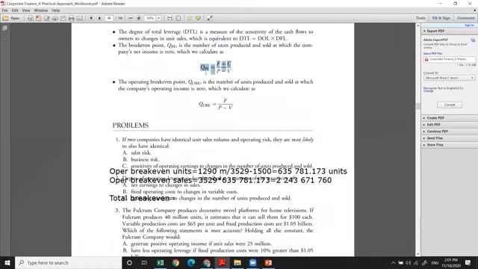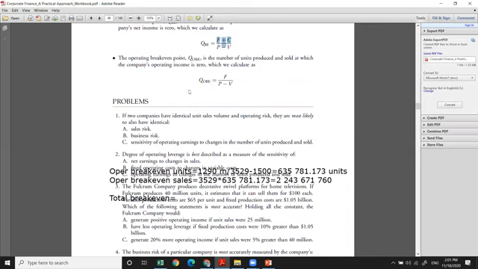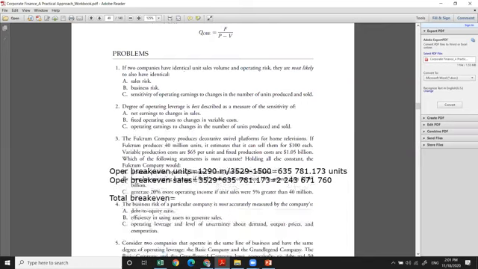We're going to use the formula: fixed cost, interest, or any other cost that you have, divided by price minus variable cost. So we estimated operating break-even. Now we're just estimating total break-even only.